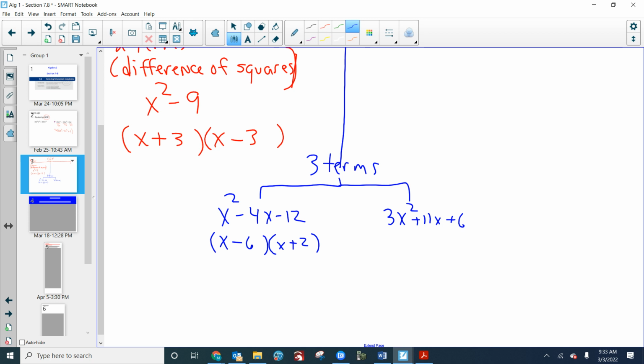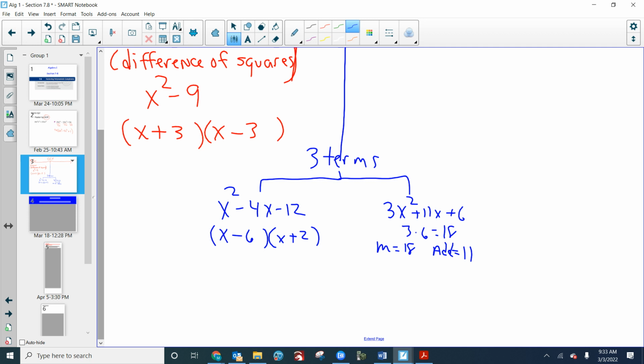Okay, what's my first step? What do I do? Okay, it's different than this, right? What do I got to do? Go ahead, Matt. Multiply the 3 and 6. Very good. 3 times 6 is what, Matt? 18. So what do I ask myself? What multiplies to 18 but adds to 11? Okay, they're both positive.